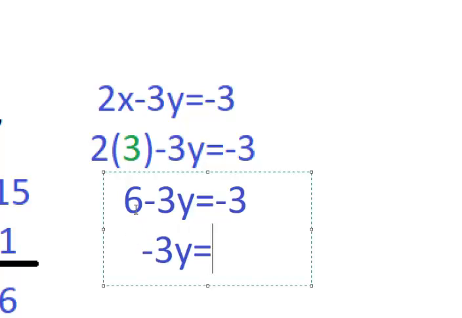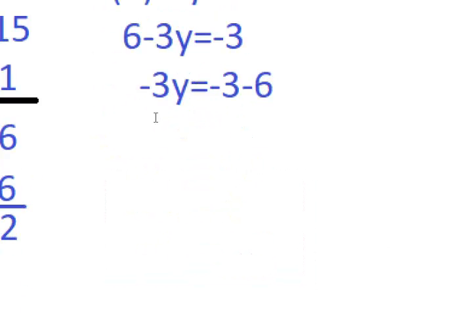I'm going to copy the equal. This 6, I'm going to move it on the other side. It's going to be minus 3 minus 6, because remember, we change the sign when we move a number from one side to the other one. Okay, so that will be the answer we have in here.